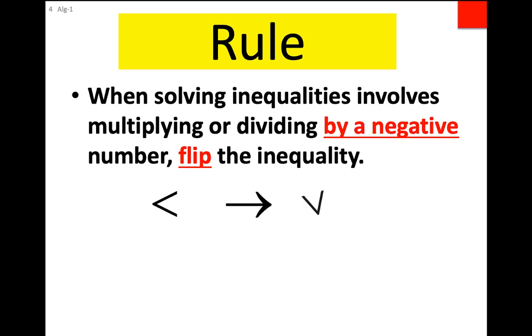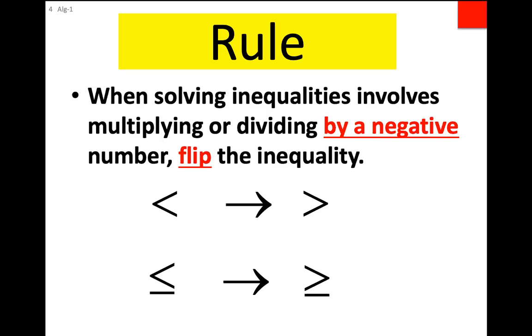If you start off with a less than or equal to, you flip it around and make it a greater than or equal to. You must flip the inequality if you ever multiply or divide by a negative number. Notice what I didn't say. If the number that you're multiplying or dividing into is negative, that's not what causes it to flip. What causes it to flip is when you multiply or divide by a negative number.